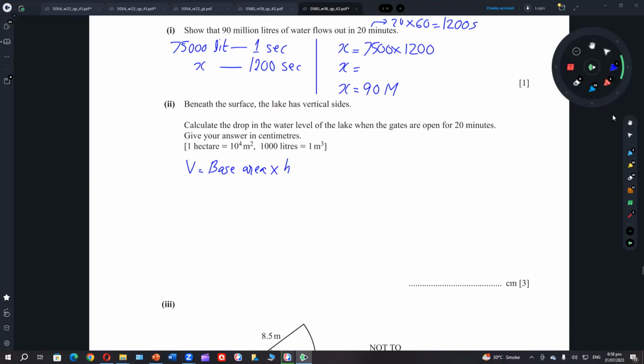Our volume is 90 million, so it will be 90 into 10 to the power 6. 1 hectare is 10 power 4 meter square, and I have 55 hectare. See this working?